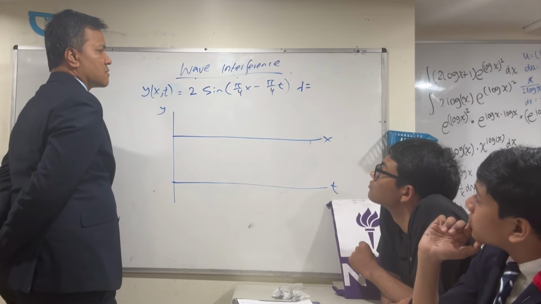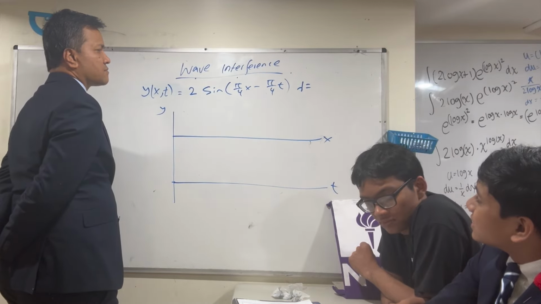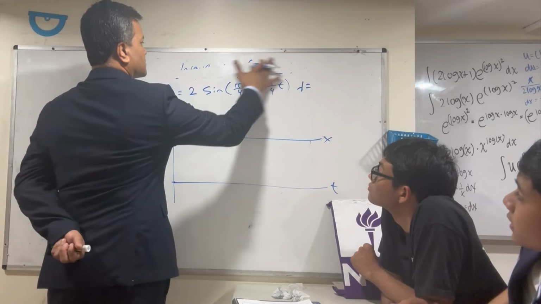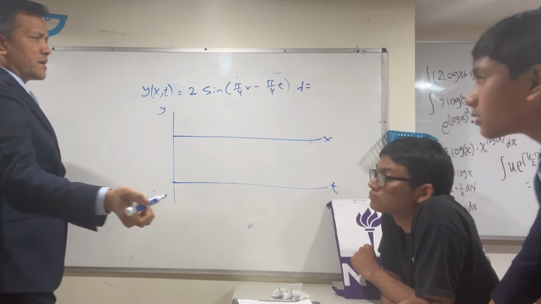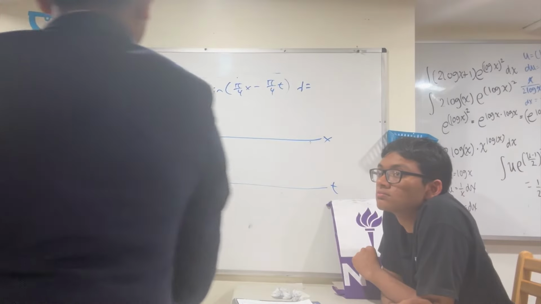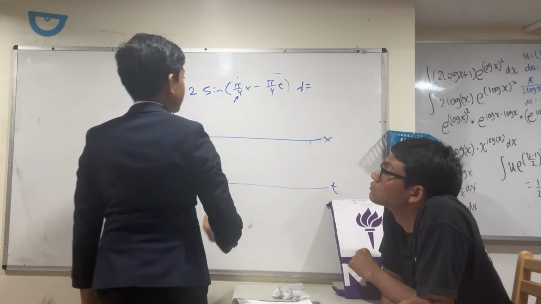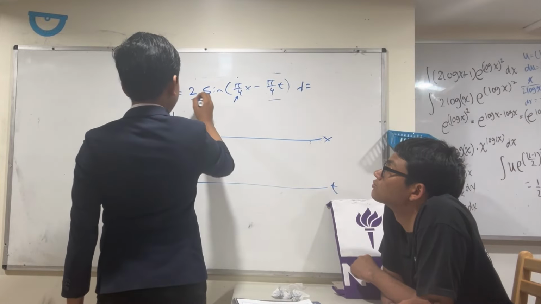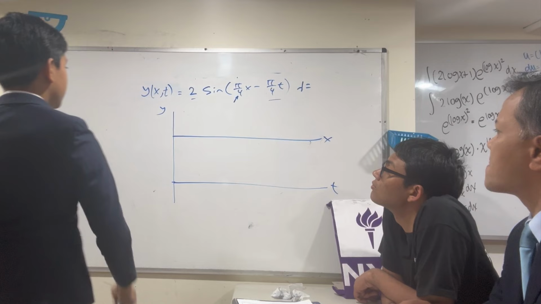The wavelength is, well, let's see. Can I just try to find the wavelength? Yeah, you can try. So we have sine of pi over 4 x. I can basically ignore the phase shift and amplitude, they have nothing to do with the wavelength.